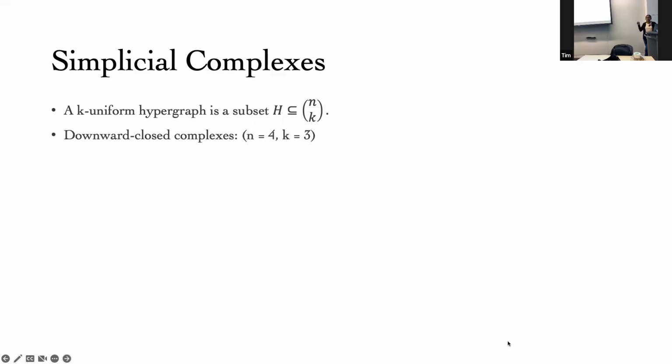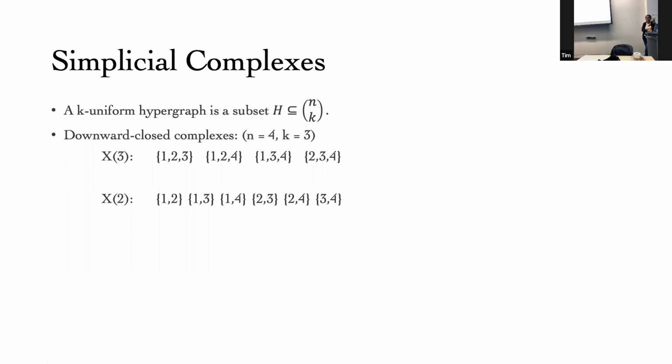Using these subsets of size K, we generate the following complex. Let's focus on n equals 4 and K equals 3. We have sets of size 3 of the universe of size 4. We take all these sets and then take all the subsets of size 2 of every set. Then we further take the subsets of size 1. And the final thing is phi, which is the empty set.